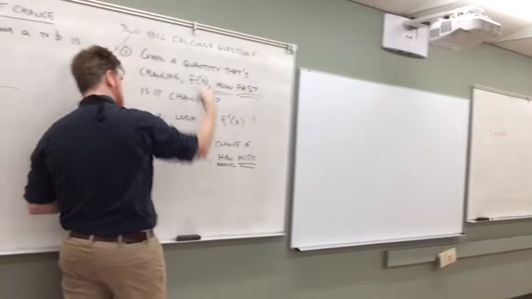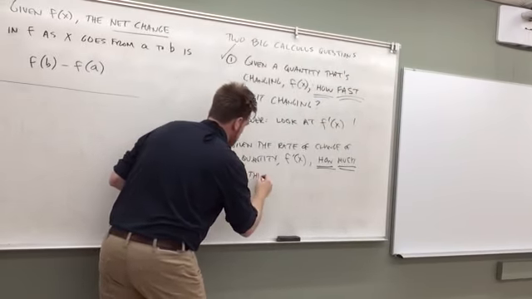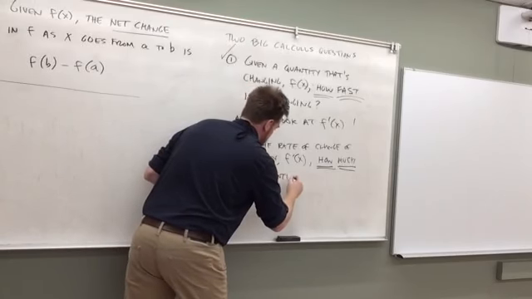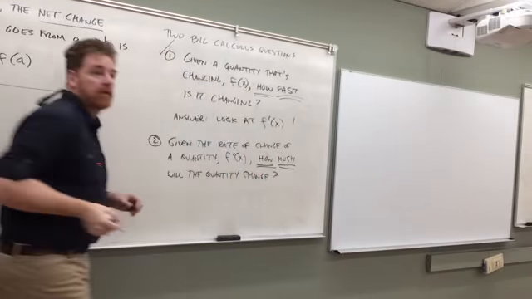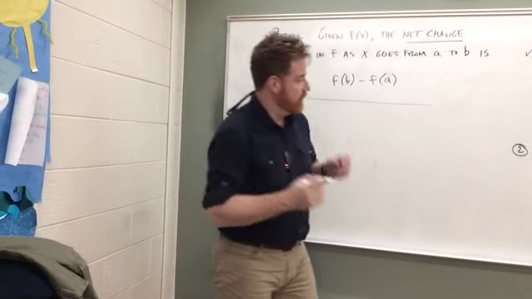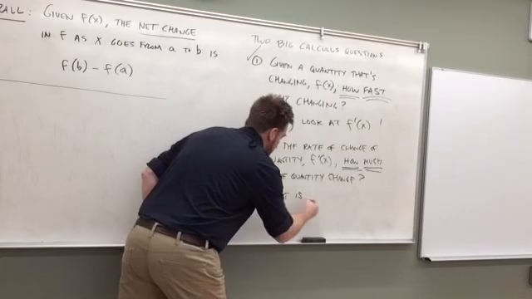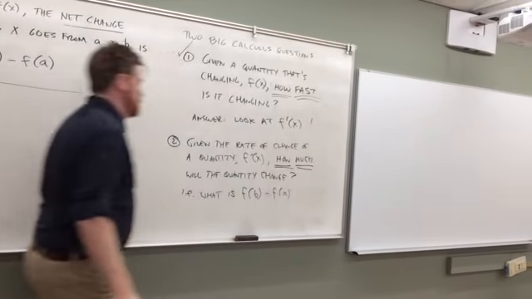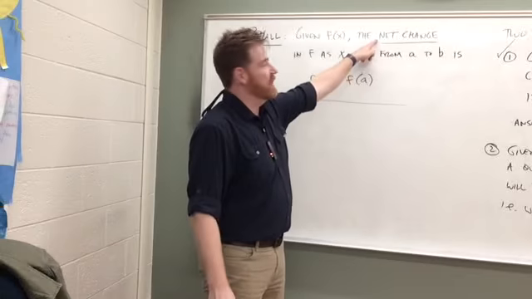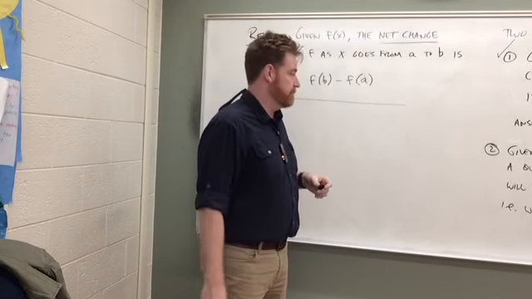How fast was the first one? How much will the quantity change? So in other words, i.e., what is f of b minus f of a? How much, or really, what's the net change in the quantity?